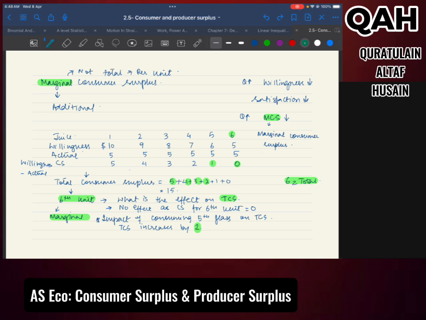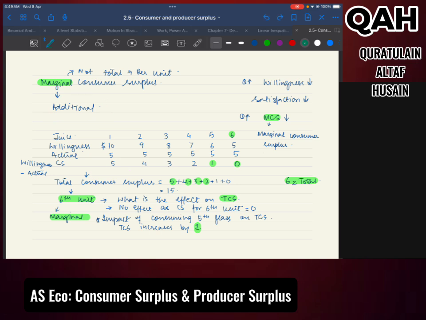Then if you consume the second unit, surplus derived after consuming the second unit. Now, before we move on to calculation, let's understand what is marginal consumer surplus. Marginal means additional.